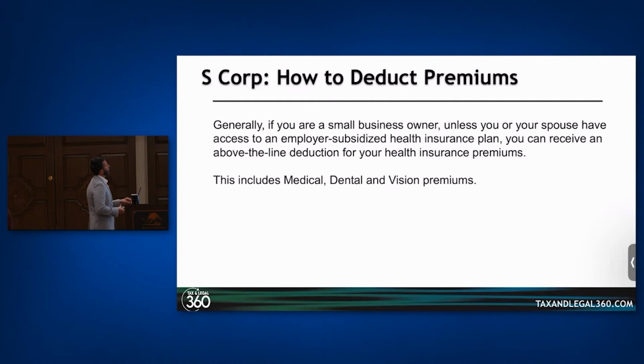To define what I mean by employer-subsidized health insurance plan: you will not get an above-the-line deduction for your health insurance premiums if, in my example, my spouse has a regular W-2 job and her W-2 job offers group health insurance, then I'm not going to be able to participate in this because her group insurance is being subsidized, right? Her premiums are less than what they would be because she's in a group plan.